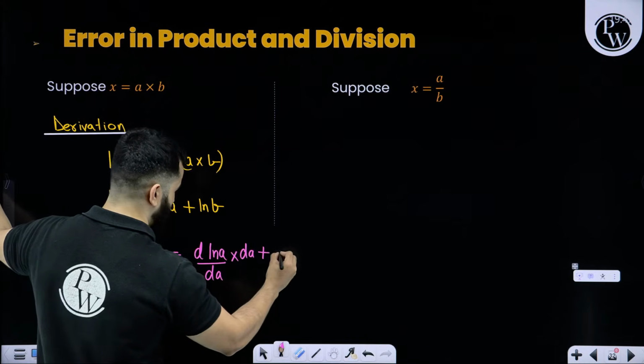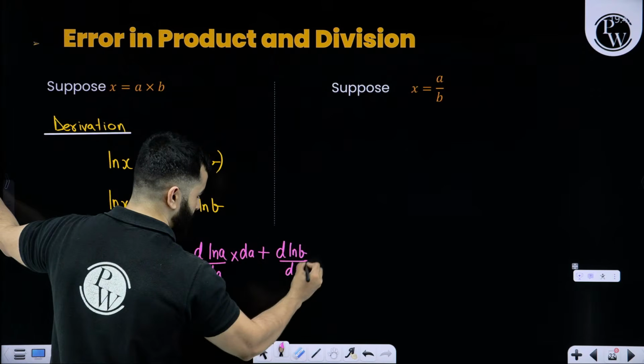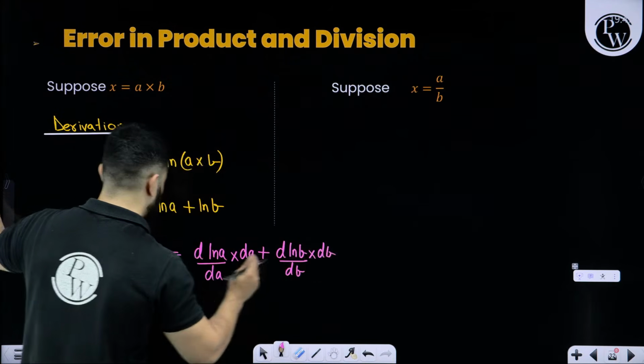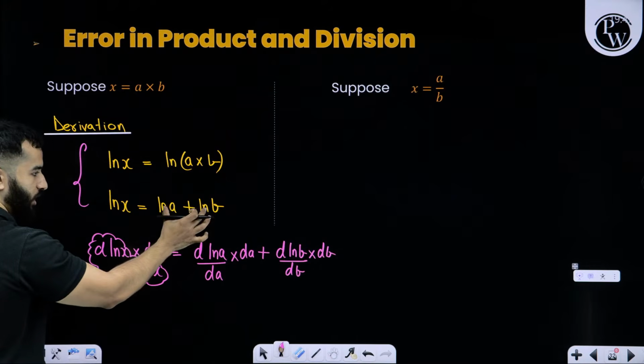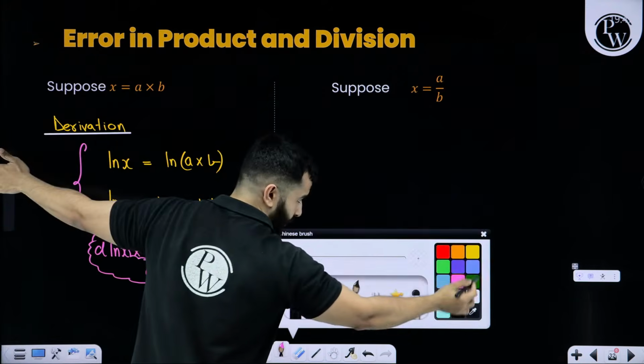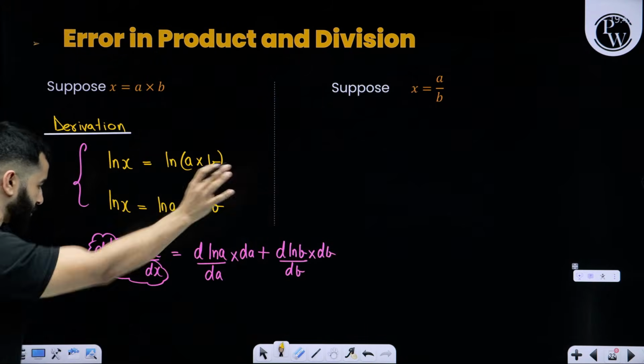Again, the same thing, differentiation of natural log b with respect to b, and write dB over here. So this was our first step, taking natural log and splitting it using the property of natural log. This is the correct method. If you're not understanding it for the first time, fine, no problem, but pay attention.